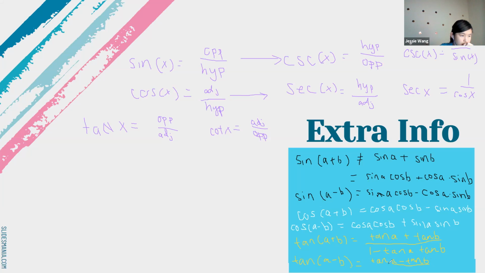And then this entire thing can be divided by 1 plus tan of a times tan of b. All right, so those are just the sum and difference formulas.